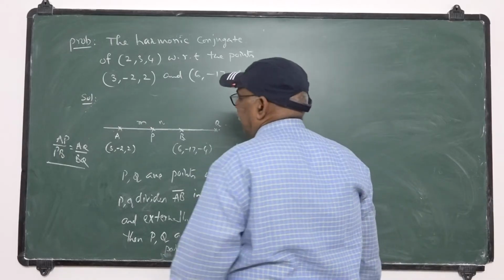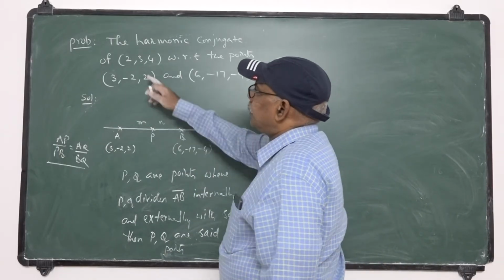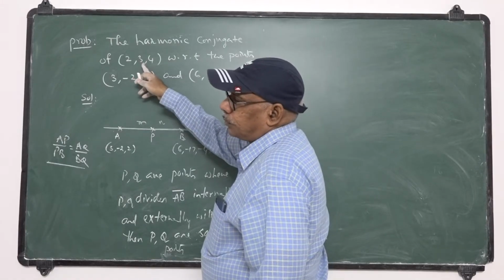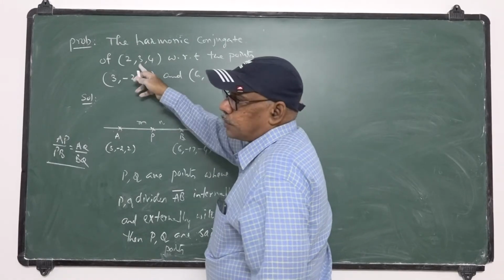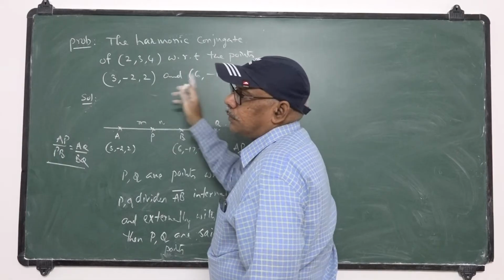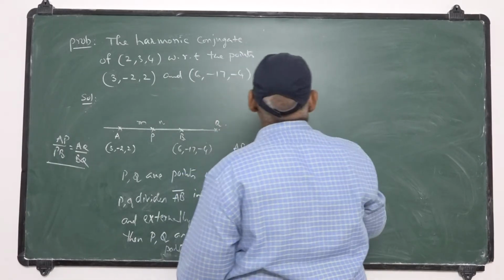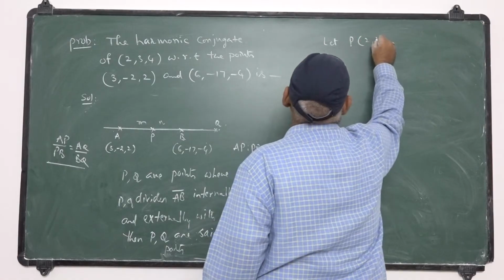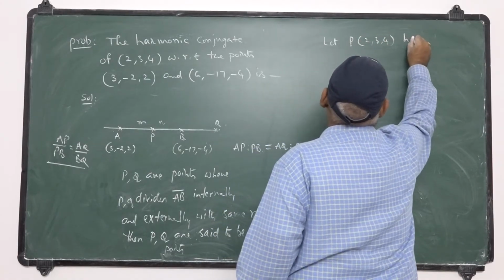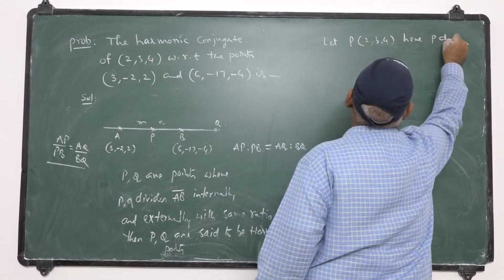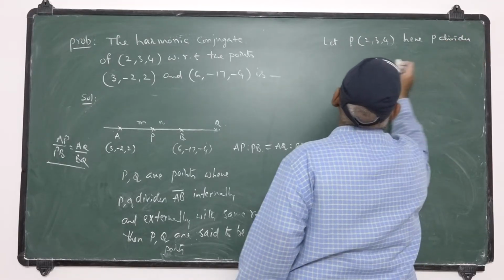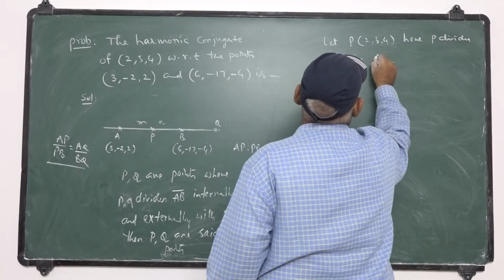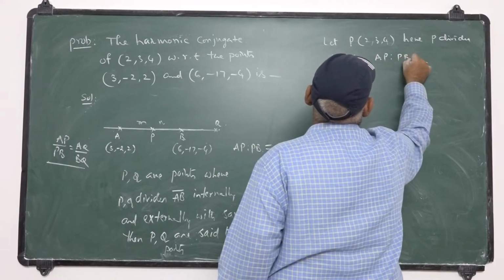So let us find in which ratio the given point (2, 3, 4) divides, suppose this is B, the join of A and B. So let P be (2, 3, 4). Here P divides AB in the ratio AP is to PB.